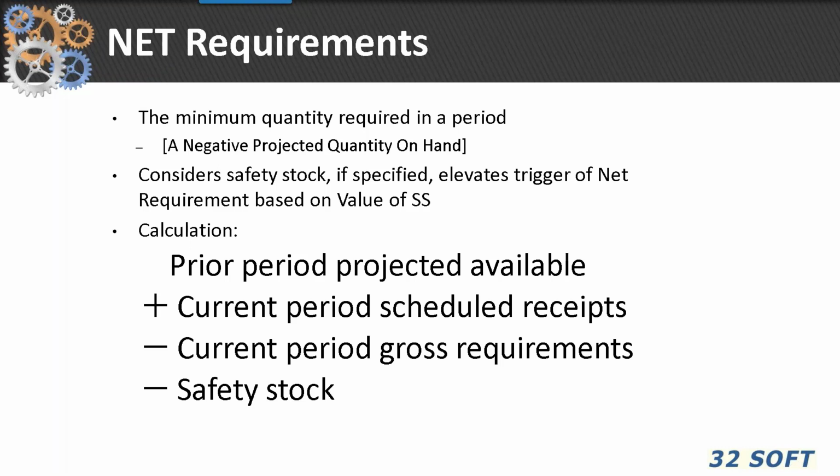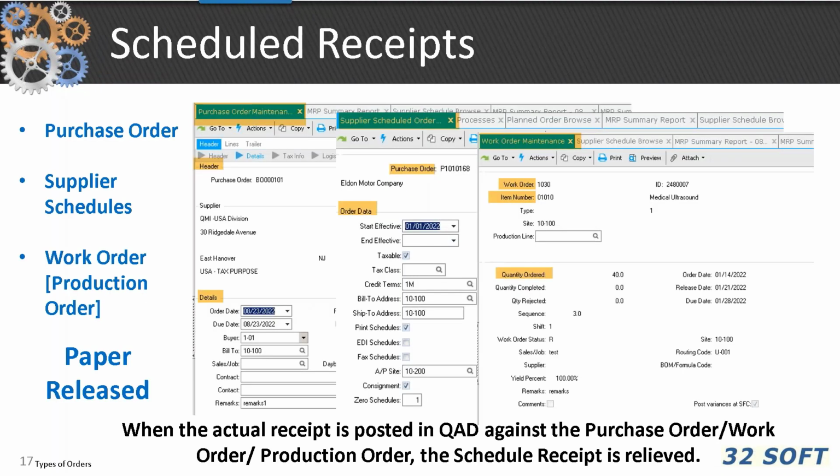Scheduled orders represent to MRP anything that is going to be received into inventory over the foreseeable production horizon, such as purchase orders, supplier schedules, work orders, production orders. In MRP, when the actual receipt is posted in QAD against a purchase order, work order, production order, the scheduled receipt is relieved.